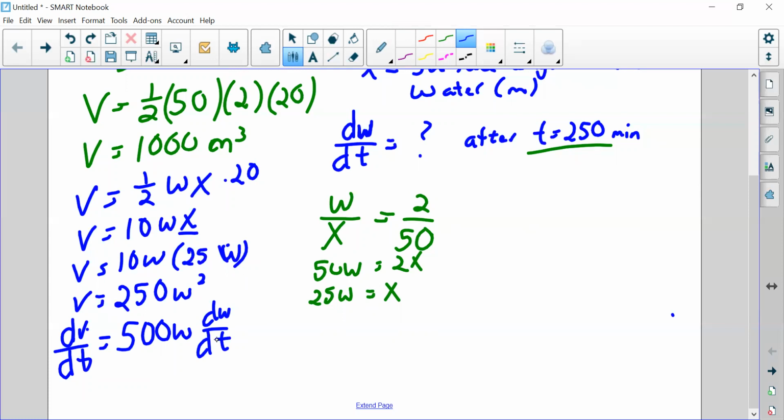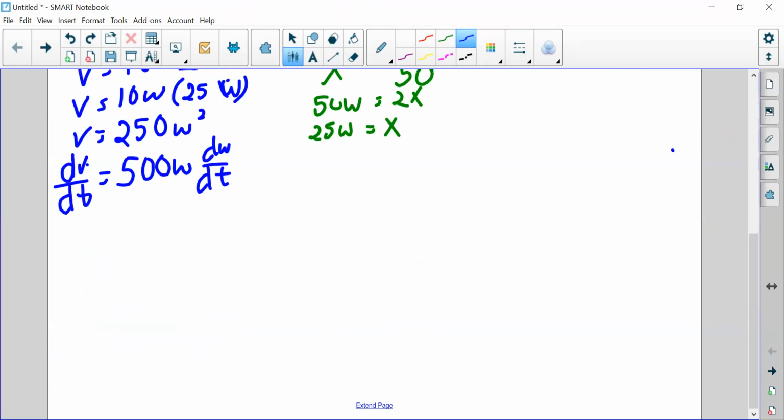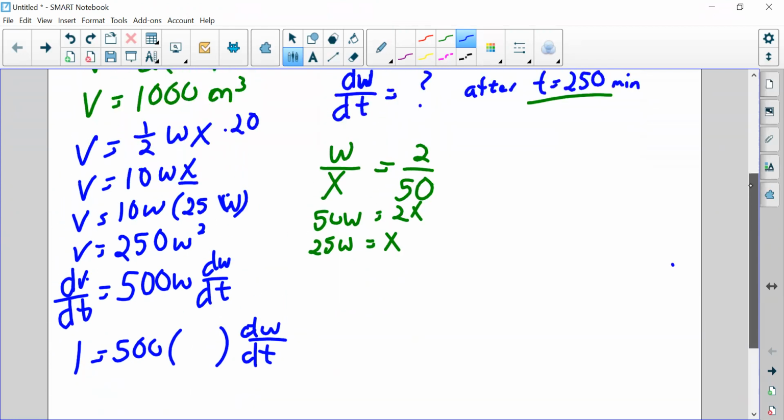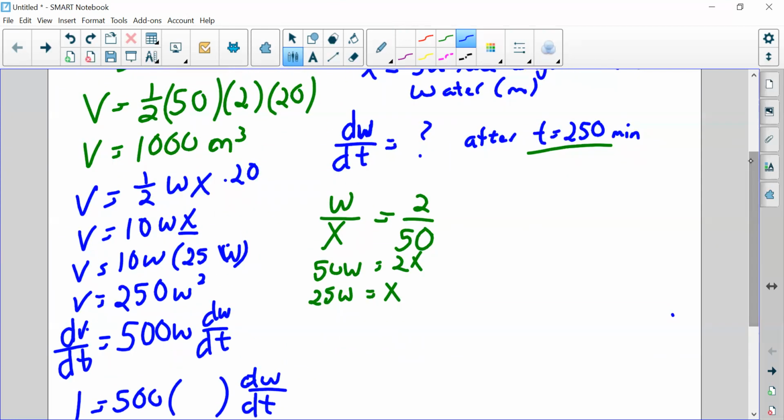All right, so let's substitute in anything that we know. Well, we know dV/dt, so that's 1. I need to find dW/dt. That's my unknown that I want to find, so I'm going to keep that as a variable. So I need to figure out what W is. Is there any way I can figure out W?